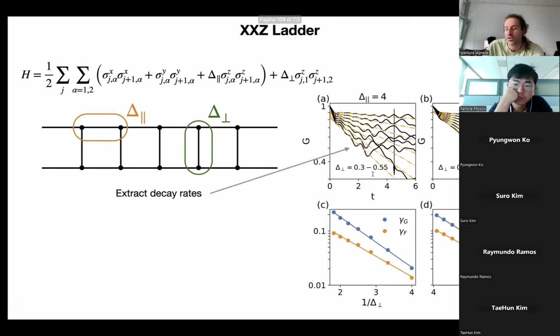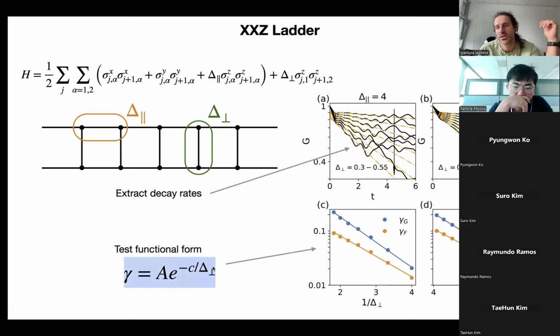But in this case, of course, we just tested this functional form because we don't have an underlying theory that tells us what we should have in the exponential. We just tested this idea that the decay rate should behave as the exponential of -1 over the field that is creating the energy imbalance between the 2 ground states, in this case between the 2 pairs of ground states, because there are 4.